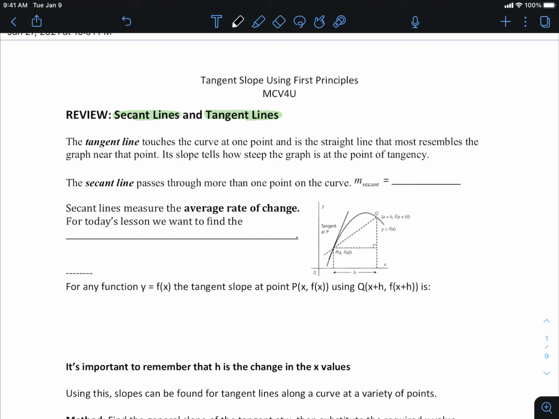So this entire lesson this afternoon spins off of the fact that we have secant lines and tangent lines, and ultimately a tangent line tells us what the slope is at a particular point, okay?